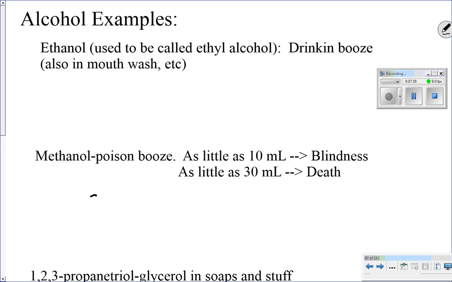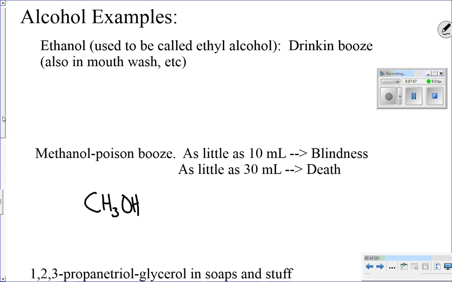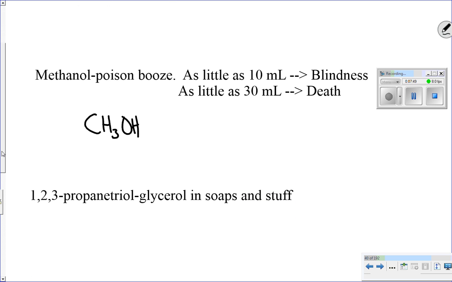This is actually just a 1-carbon alcohol. A very little amount can cause blindness, and a pretty significantly small amount can actually cause death. And then 1,2,3-propane triol, which we'll actually look at in notes on a separate day, is known as glycerol, and it's found in soaps and similar types of products.